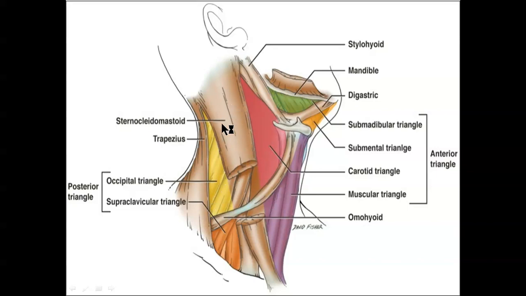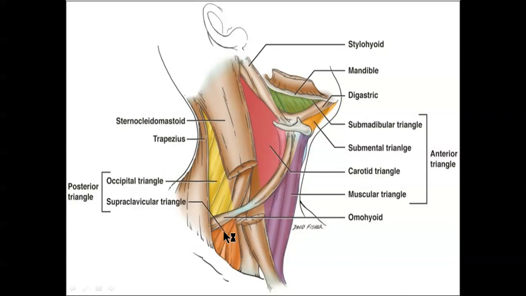Now here we have dissected the sternocleidomastoid muscle so that we can appreciate the area below it. The anterior triangle is this area, and here would be your posterior triangle behind the dissected sternocleidomastoid. It is divided by the posterior belly of your omohyoid muscle into your occipital triangle and your supraclavicular triangle over here.